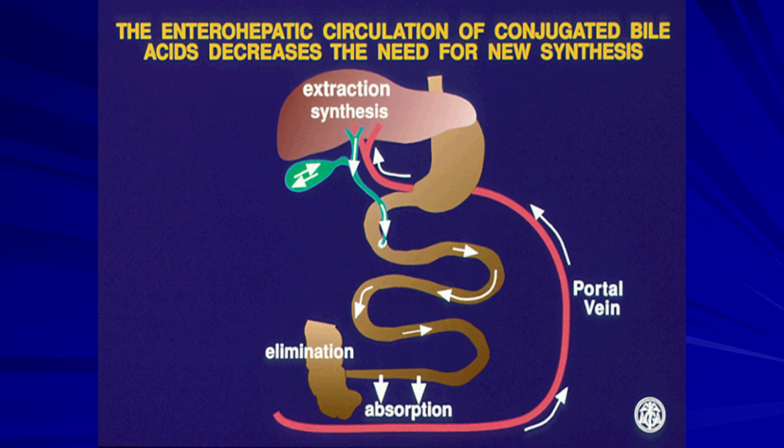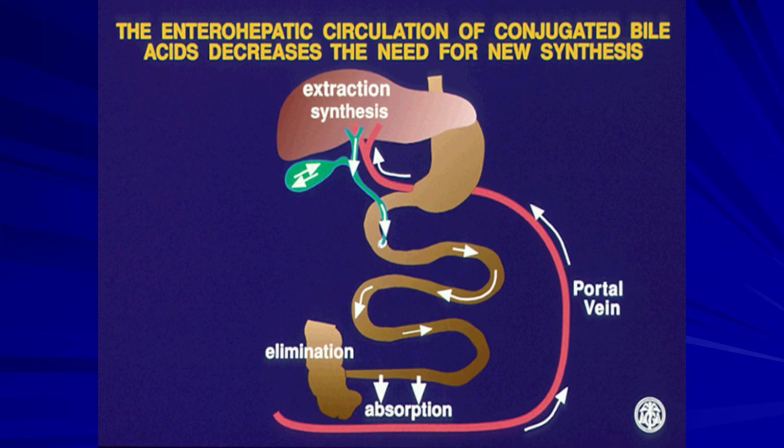They carry their function that I mentioned before. They are modified by intestinal bacteria into secondary bile salts. Then they are absorbed from the terminal ileum, which is an active process. They're absorbed into the portal circulation and back into the liver. They are absorbed across the sinusoidal membrane of hepatocytes.